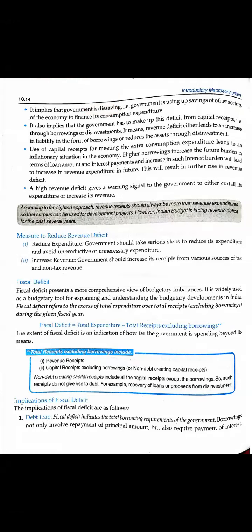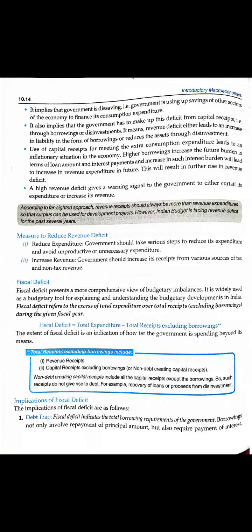The second thing is dissavings: it is not possible for us to save since expenditure is more than income. And the third reason, it also implies the government has to cover the deficit from capital receipts, that is through borrowings or disinvestment.